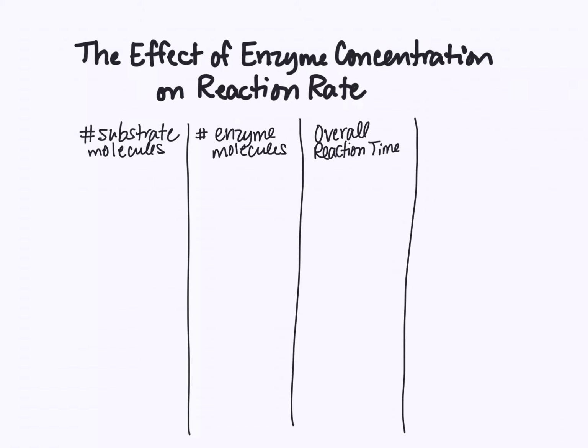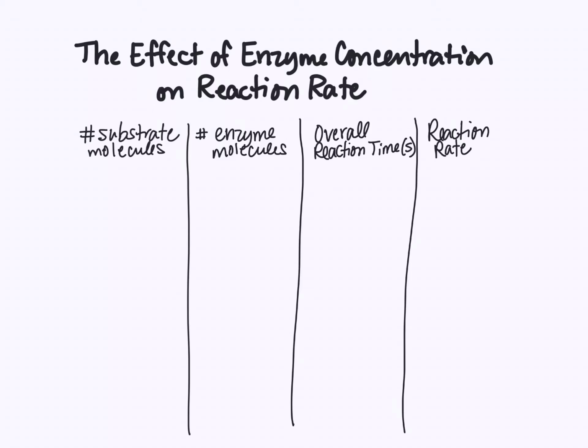So we'll just call that the overall reaction time. And then in our last category, we'll take a look at the reaction rate. For the overall reaction time, we'll use seconds, so we'll put a unit in there for seconds. For the reaction rate, we're looking at a ratio of how many reactions can be catalyzed per second.